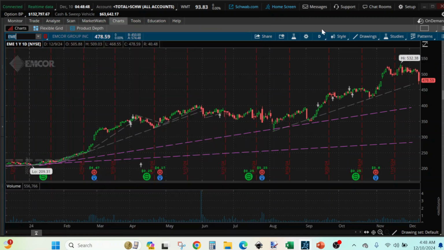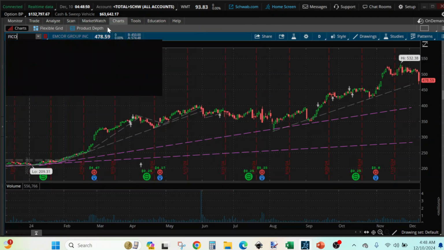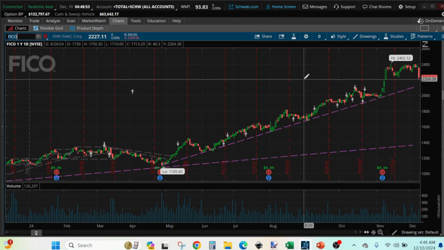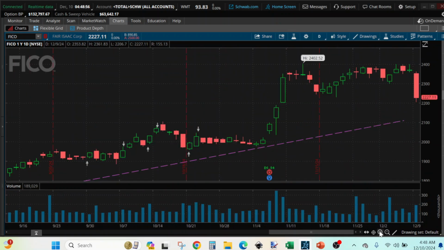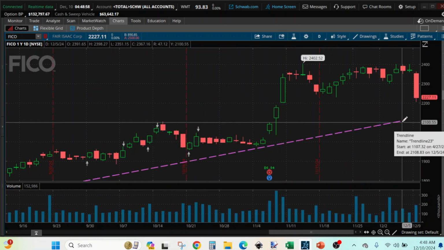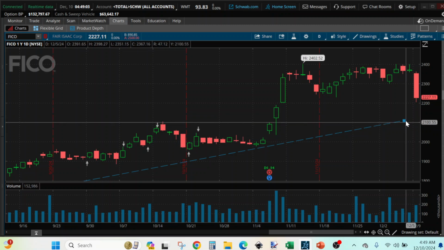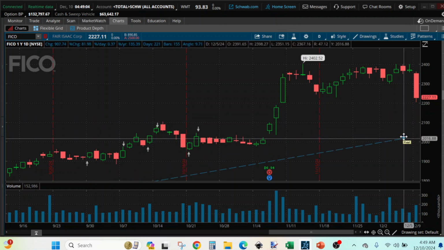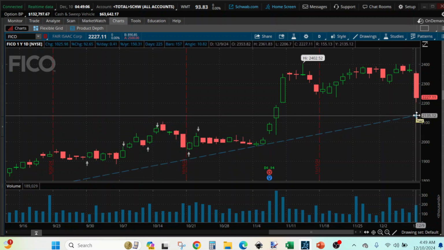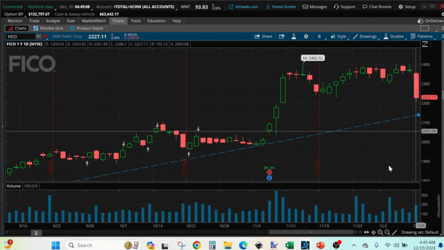FICO is getting close to that line. It pulled back yesterday. It's getting close to this line. Just want to make sure we keep it. Okay.